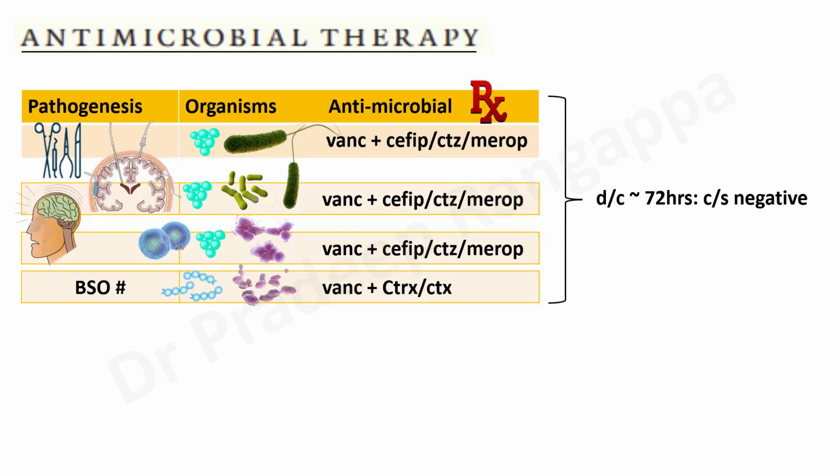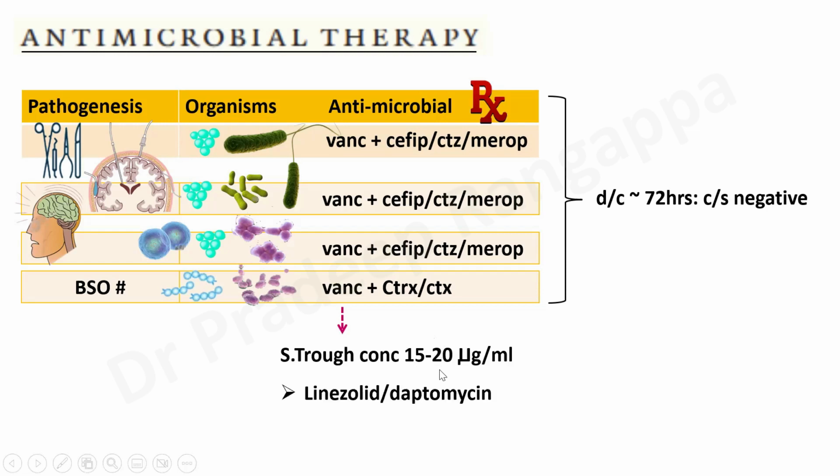It is also suggested that if all your diagnostic tools do not indicate meningitis, then antibiotics have to be stopped after 72 hours if there is no established diagnosis of meningitis. And when using vancomycin, it is recommended that the trough concentration be assessed, so therapeutic drug monitoring of serum trough concentration has to happen, at 15 to 20 micrograms per ml.